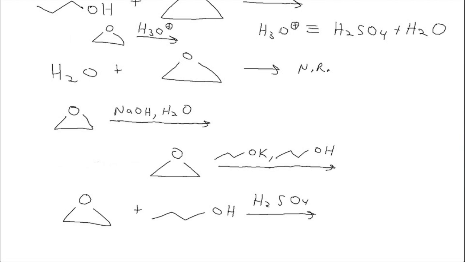When we use H3O+, you can think of that as a shorthand for H2SO4 plus water. It doesn't have to be H2SO4, but that's oftentimes. Remember, H3O+ just means strong acid in water, and a common strong acid that would be used there would be H2SO4. So we could just as well have done the water reaction with H2SO4 plus water instead of saying H3O+. You see it often either way in organic chemistry classes, although this is a little bit simpler to write down. Okay, so let's try diagramming out this reaction.